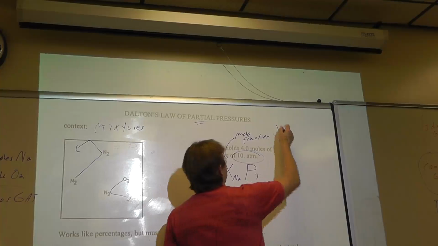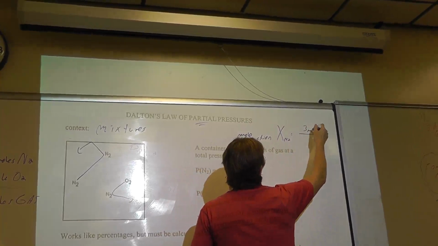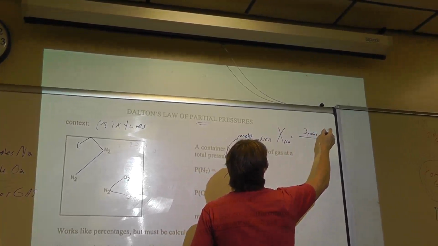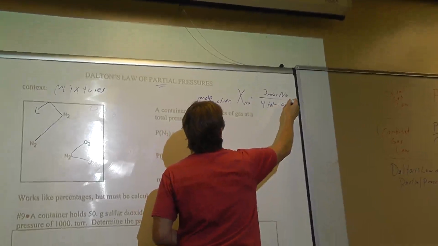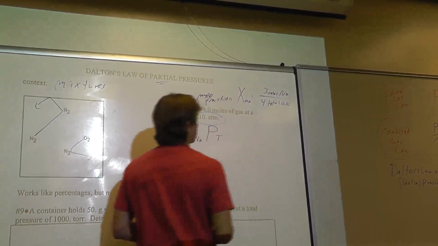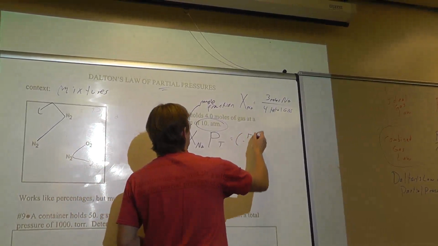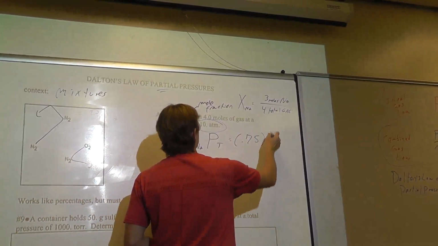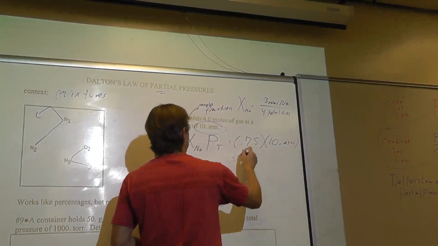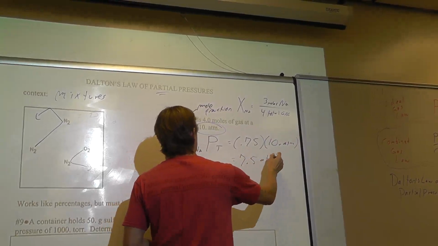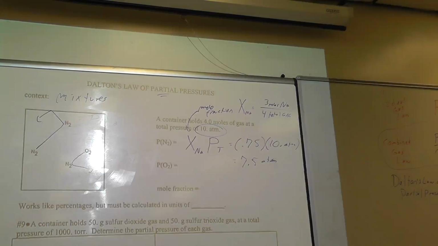Now, mole fraction for nitrogen would be its moles over the total moles. And 3 out of 4 is 0.75. Total pressure is 10 atmospheres. That means 7.5 of that 10 atmospheres is nitrogen pressure.